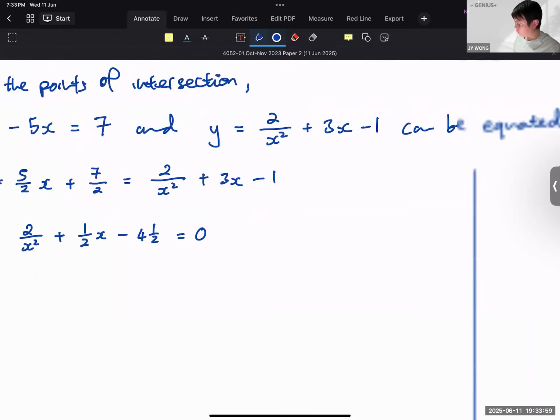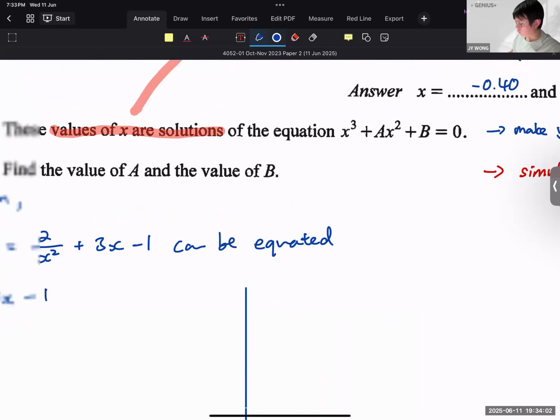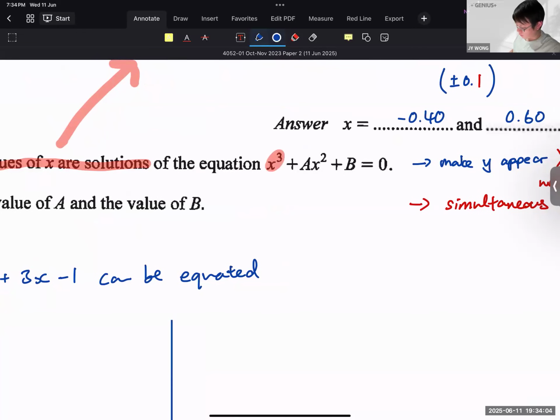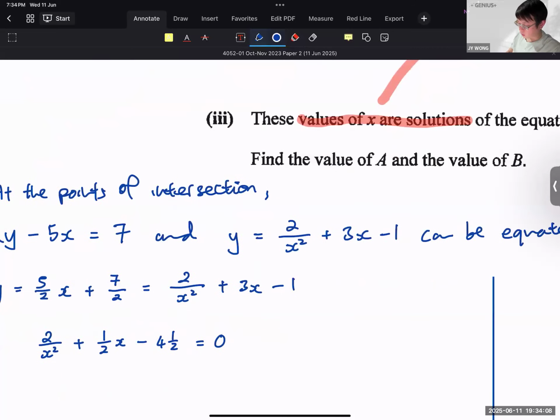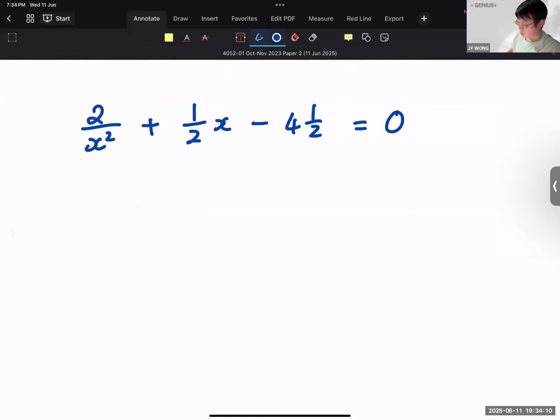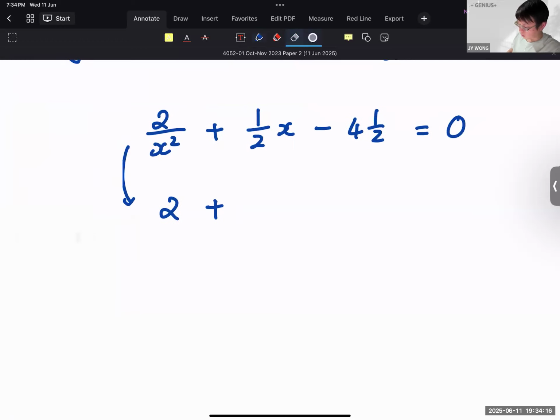How do I make this equation appear? This equation has x cubed, isn't it? If it's an x cubed, then obviously the logical thing here is to multiply by x squared. Actually, I won't even multiply by x squared. I will directly get rid of the denominator also, so I will multiply by 2x squared.